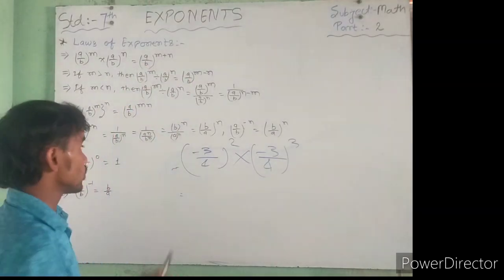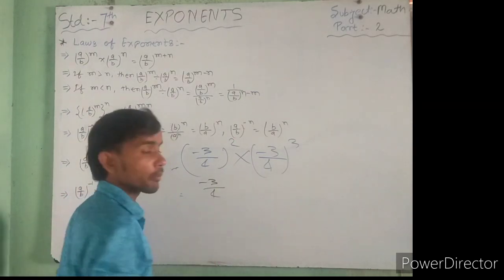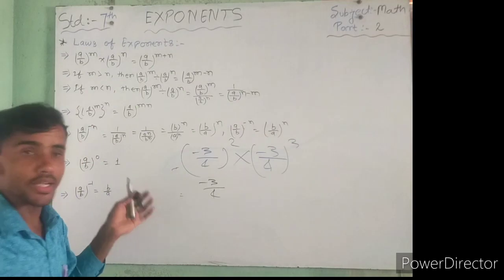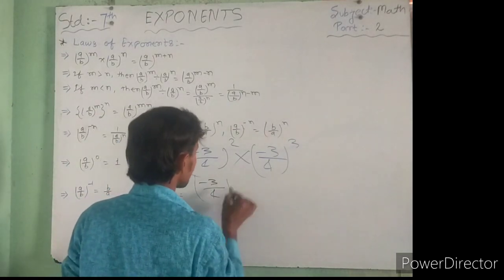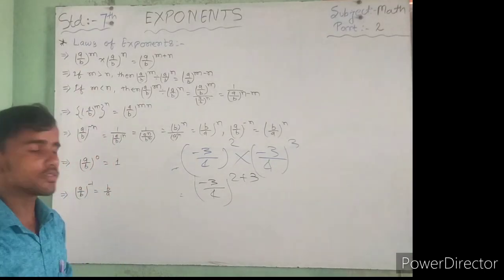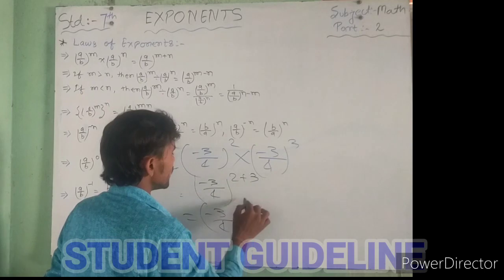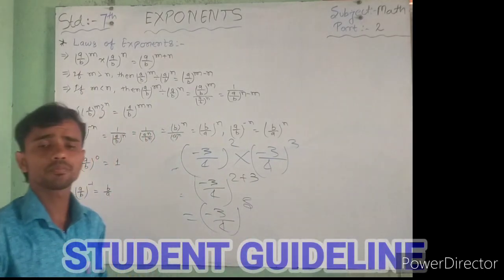So here you write minus 3 by 4, and the powers 2 plus 3, and your answer is minus 3 by 4 power 5. That's your answer.